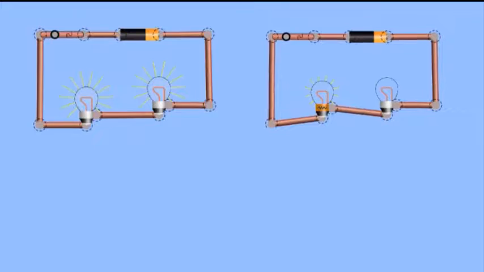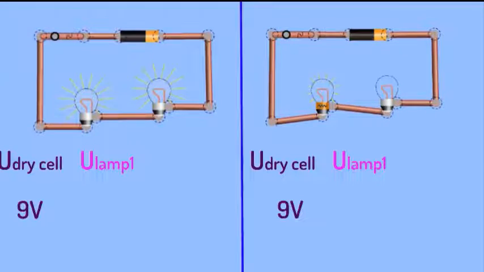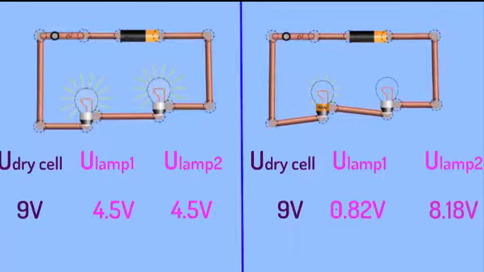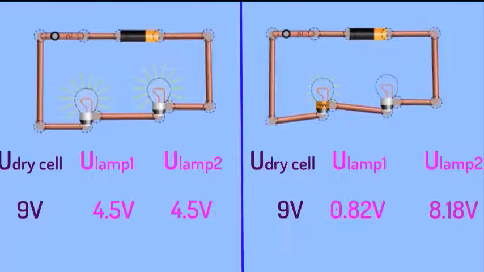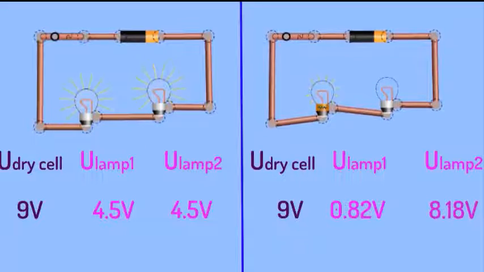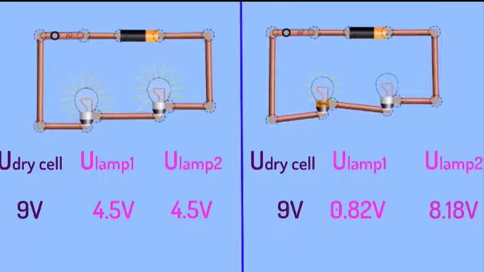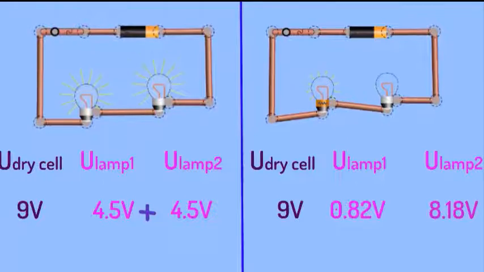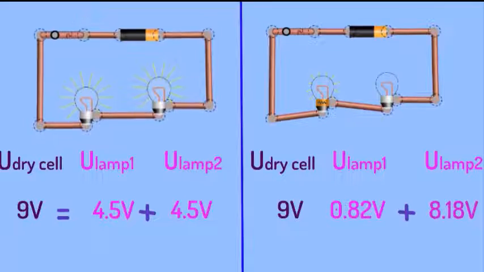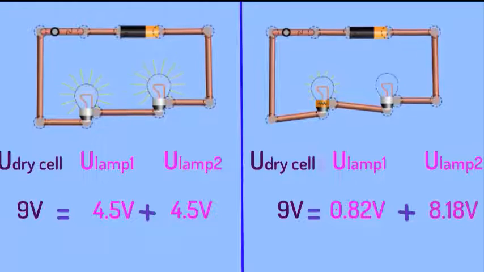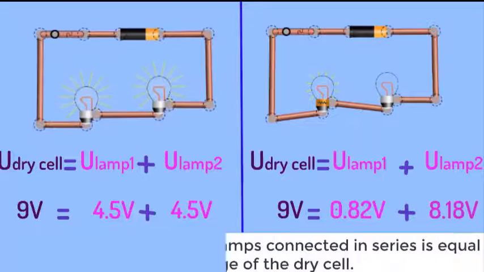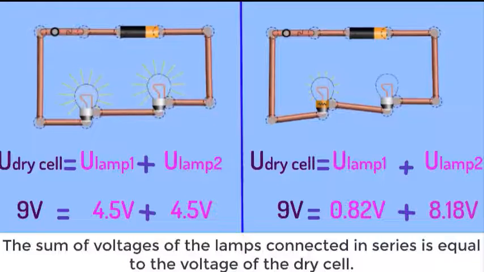Look at these values of voltages of the lamps and dry cell that are obtained in these two circuits, then try to find the relation between them. 4.5 volt plus 4.5 volt gives 9 volt, and 0.82 volt plus 8.18 volt gives 9 volt. So, the sum of the voltages of the lamps that are connected in series is equal to the voltage of the dry cell.